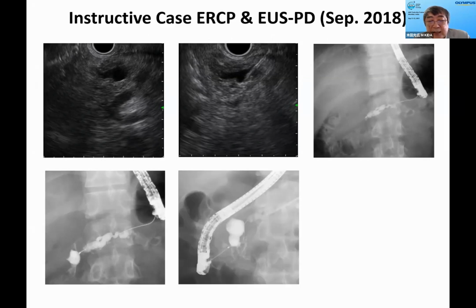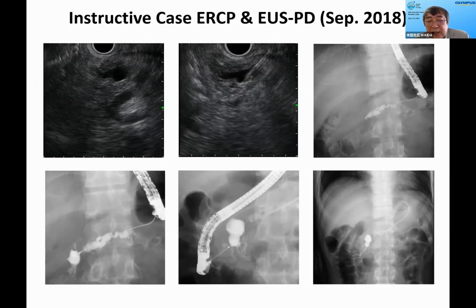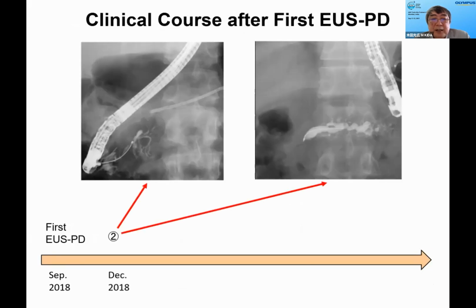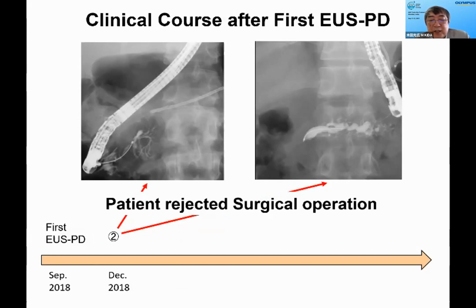Then we tried the ERCP, but the guide wire did not reach the distal pancreas side. Then finally, we inserted a pancreatic gastrostomy. Then after that, at the second session, there was no connection anymore. Then finally, the patient rejected the surgical operation.